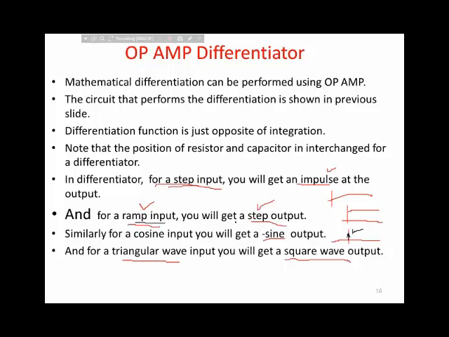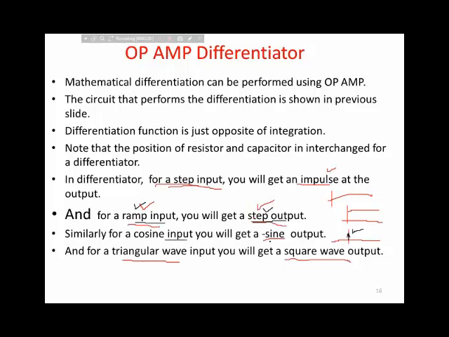Similarly, for a ramp at the input, you will get a step at the output. This is the opposite function of integration. That is, for an integrator, you apply a step at the input and you will get a ramp at the output. But for a differentiator, a ramp input will give a step output.